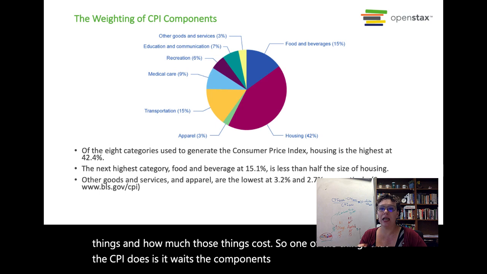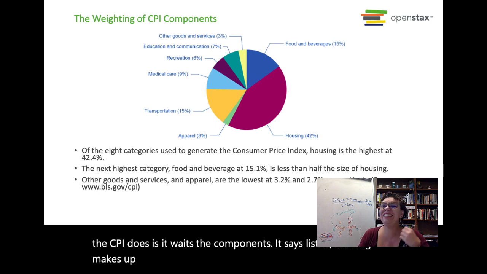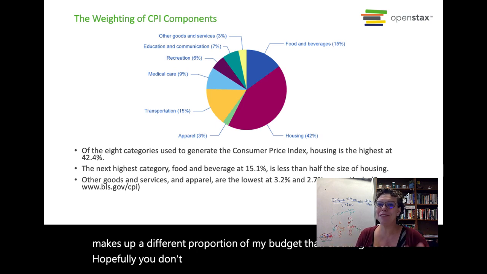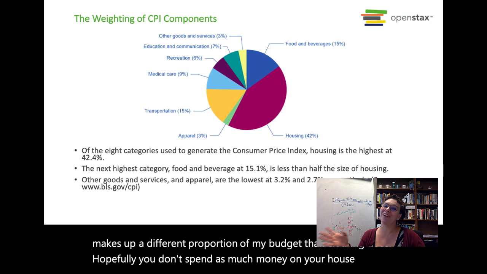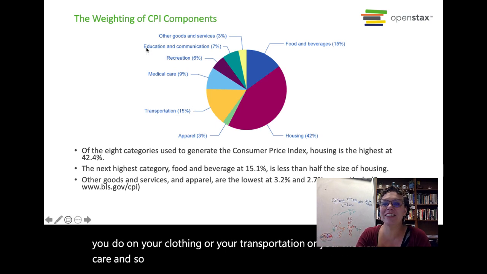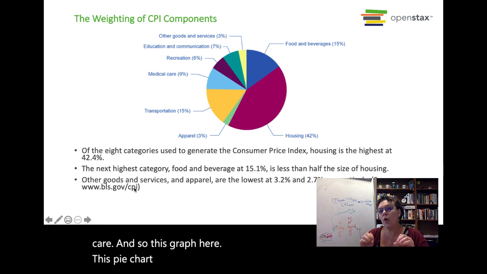It says, listen, housing makes up a different proportion of my budget than clothing does. Hopefully you don't spend as much money on your housing as you do on your clothing or your transportation or your medical care. And so this graph here, this pie chart, shows the weight of the components of the consumer price index.